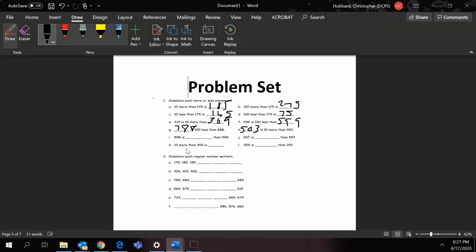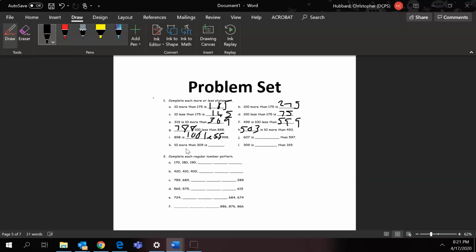898 is blank than 998. What rule would go there? 898 is 100 less. Or let's actually do it the way that they have it on the screen. 100 less. 607 is blank, then 597.